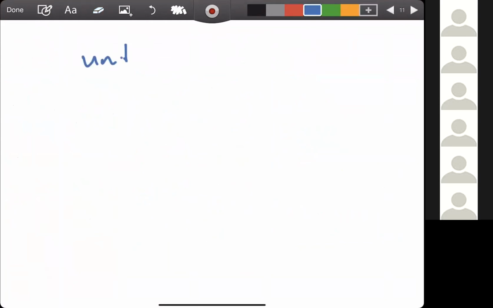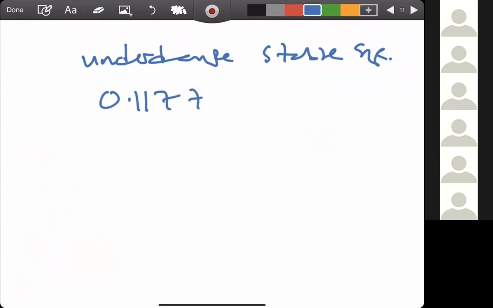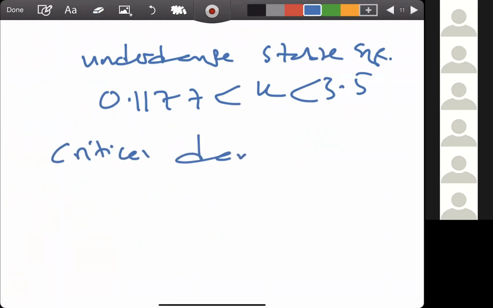For underdamped stable system and critical damped system is when K is 0.118. Out of the range is unstable.